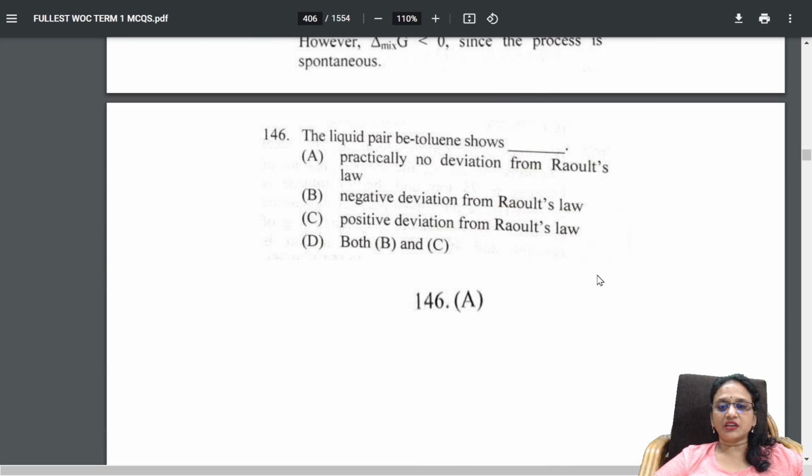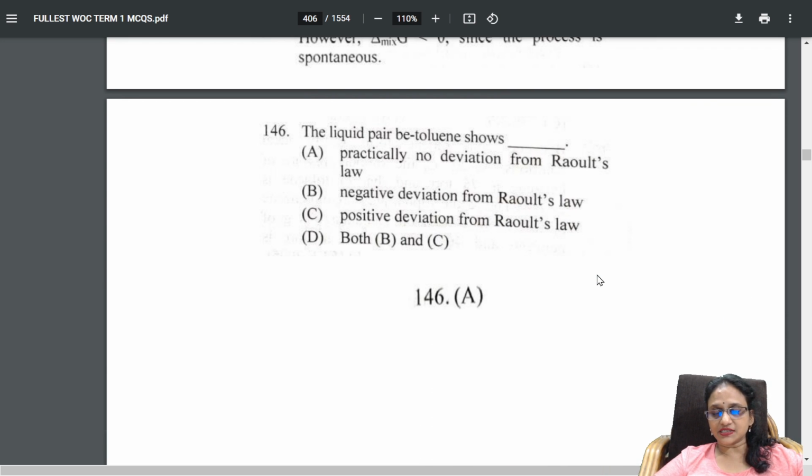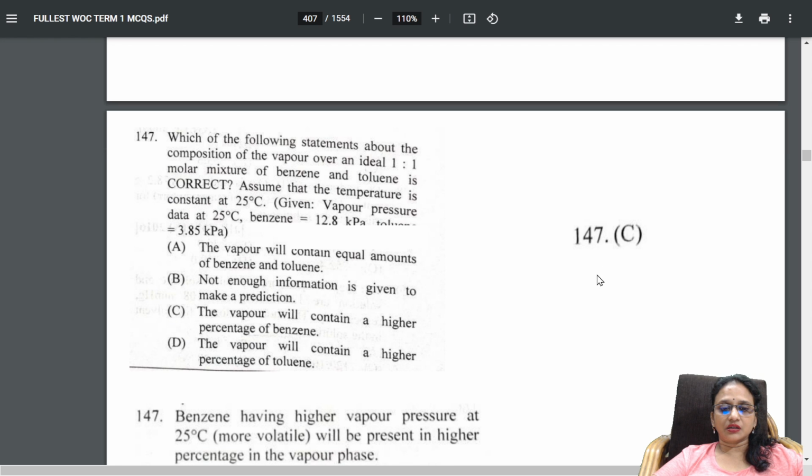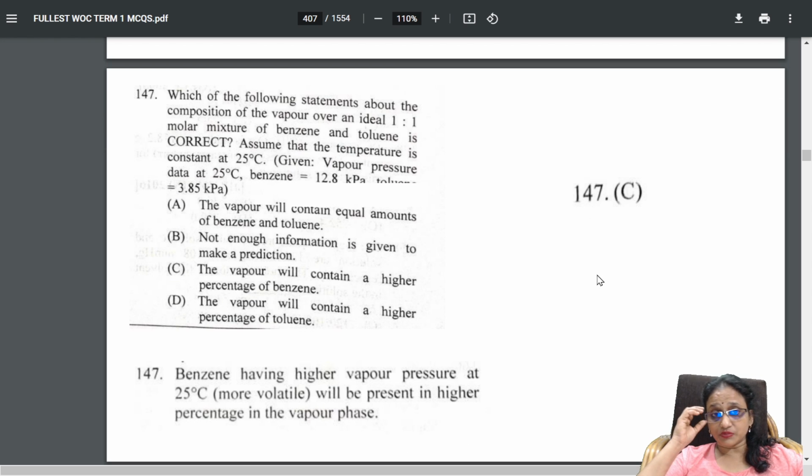So liquid pairs, they will ask you examples. Taking the examples, they're going to ask you which is deviating from Raoult's law. Benzene, toluene, chlorobenzene, bromobenzene. Like that, they're going to ask you which one is this.